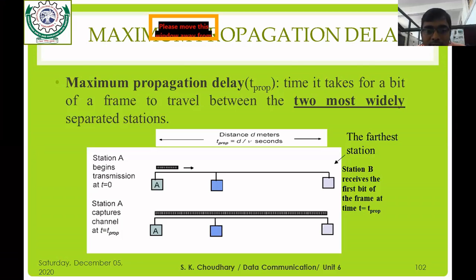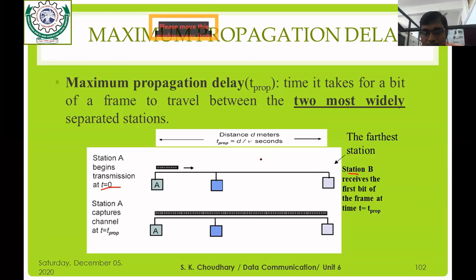From this diagram we can see that station A begins transmission at time t = t0, and the bit of the frame starts to travel. The farthest station, station B, is here.